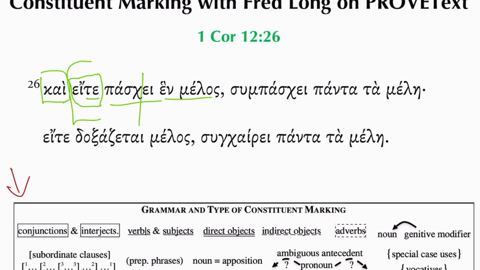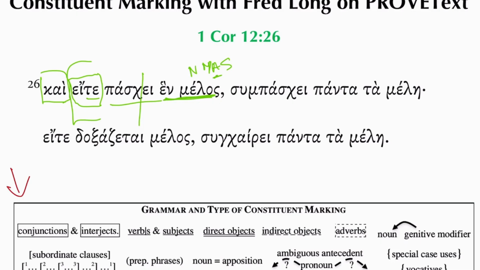Melos means part or member. It's actually neuter, and this could be either accusative or nominative, singular. So with this marking method, I can start with a single underline, and if I ever determine that it's accusative, I can double underline it.